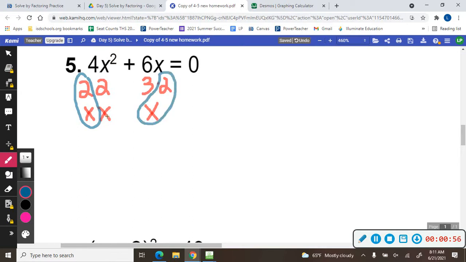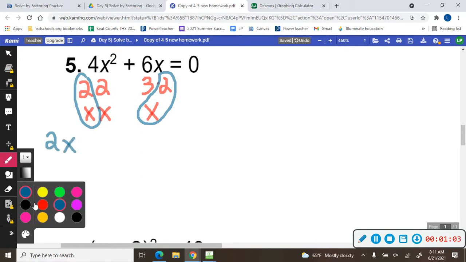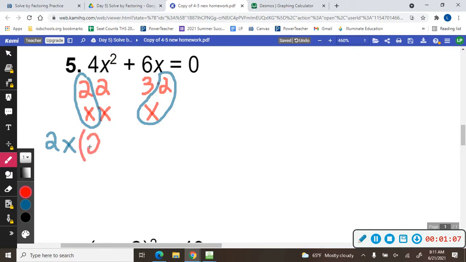So I factor out the 2x, leaving 2x and then copy down the operator plus 3 equals 0.